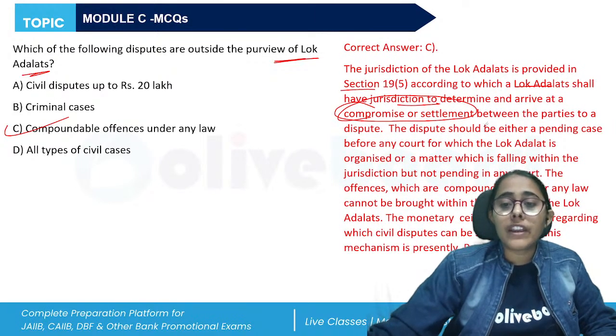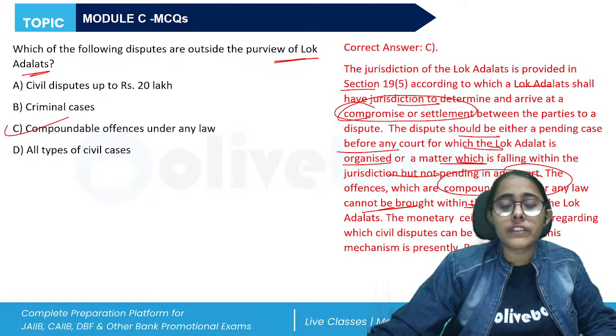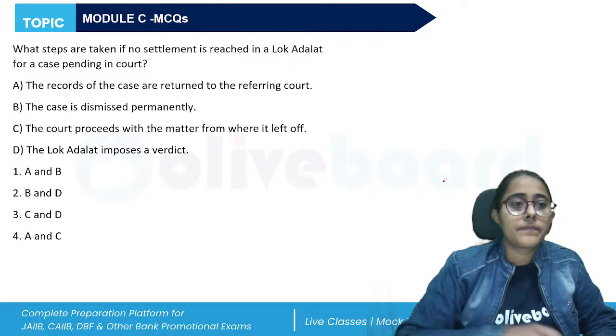The dispute, however, should not be a pending case before any court for which the Lok Adalat is organized, or a matter falling outside the jurisdiction. So the offences which are compoundable under any law cannot be brought within the purview of the Lok Adalat. Other than that, all civil disputes up to rupees 20 lakh can be settled. So the correct answer is option C.